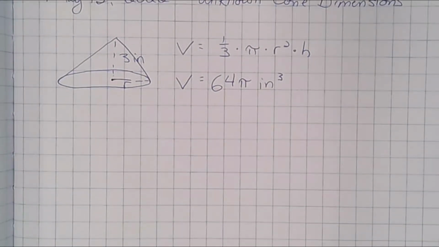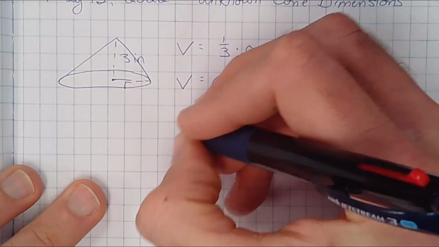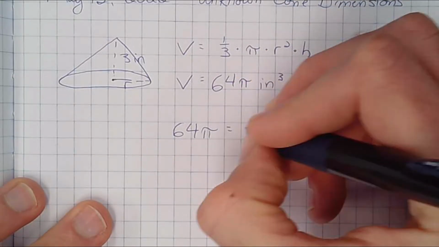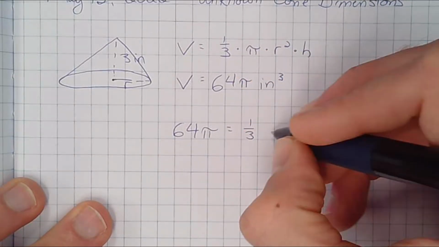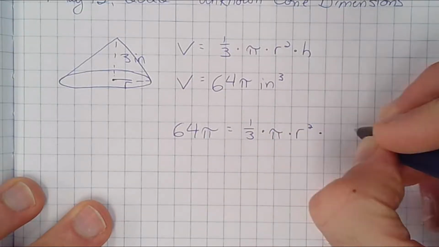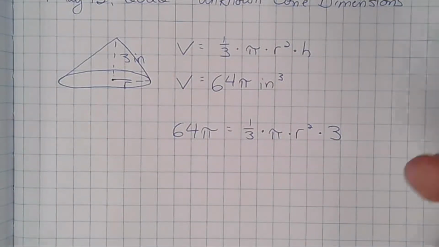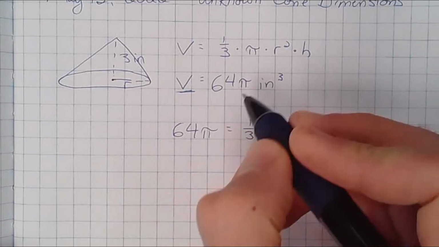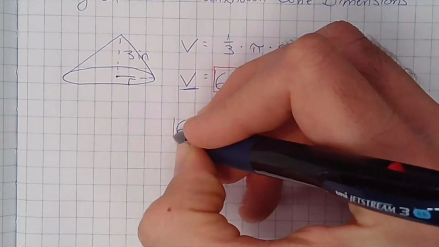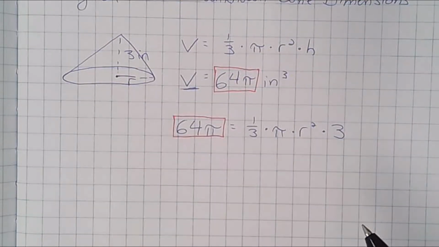Also in the problem, we're told that 64 pi equals 1/3 times pi times the radius squared times 3. So really all the problem is telling us here is that the volume is 64 pi, and I just replaced that letter V in the original formula with 64 pi.